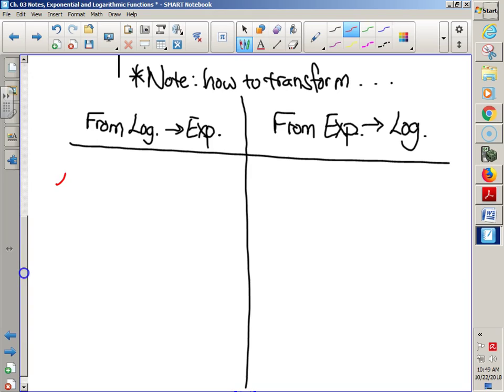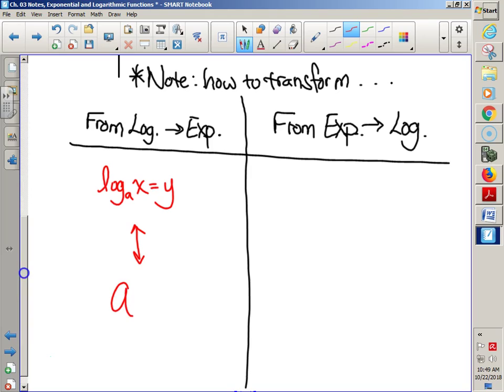So what if we were to have something like log base a of x equals y, okay? We're given a log form, and if the x is stuck, and you're like, I don't know what to do, and if your brain isn't doing well with undoing a logarithm by going a to the power of, we're going to practice it more. But for some of you, it'd be really helpful to just have it written somewhere.